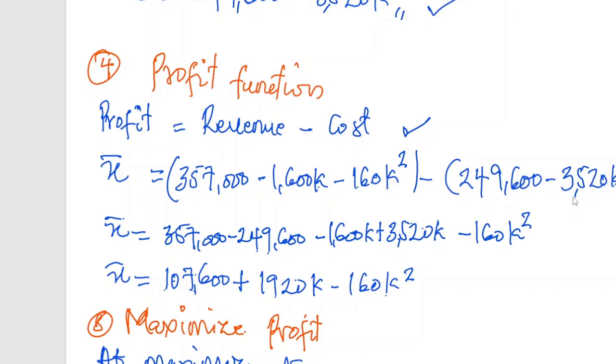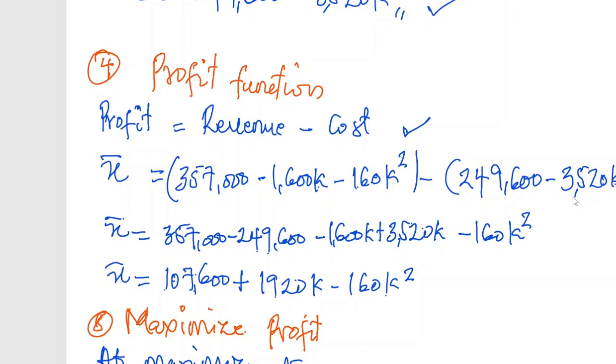So we subtract: 357,000 minus 1,600k minus 160k squared, all in brackets, minus 249,600 minus 3,520k.